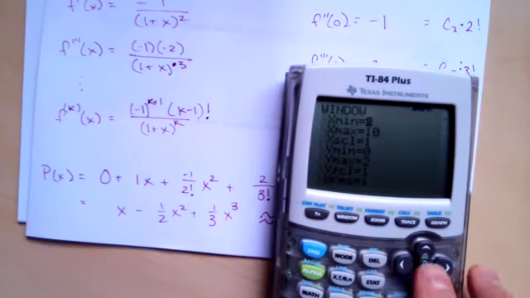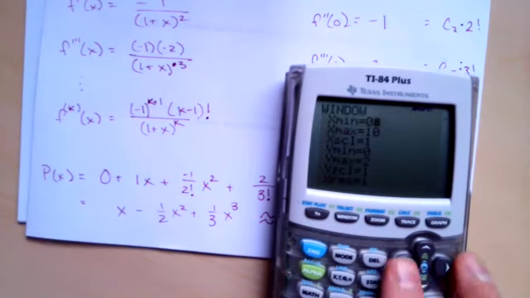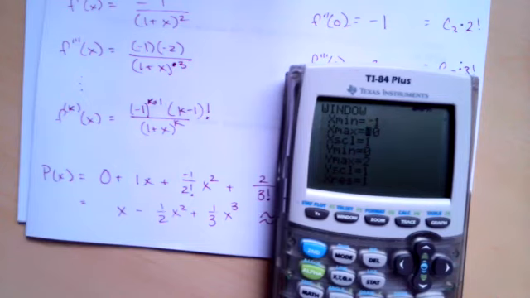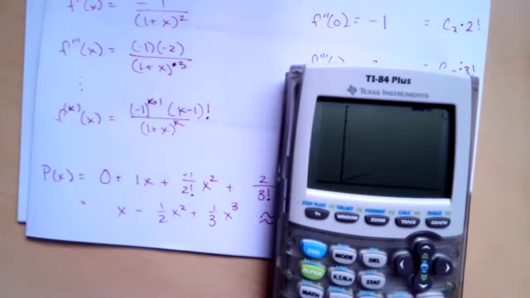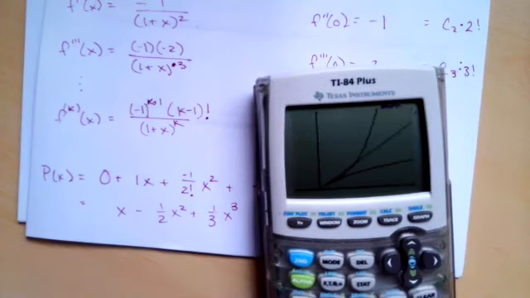And let's see, minus 1 to 4. Let's see if we can graph that. Can you guys see that, or is the light messed up?